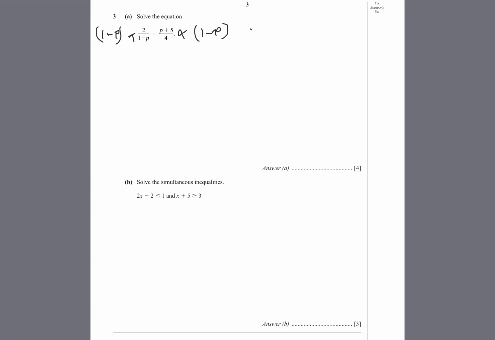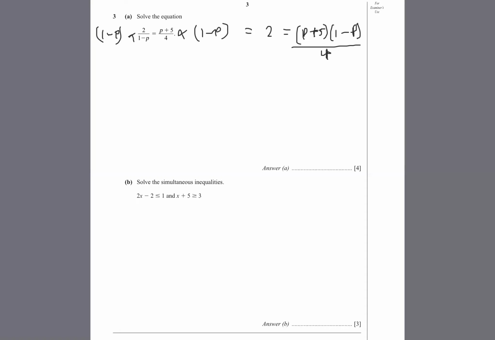Then after we do that, we get 2. The 1 minus p is removed from the denominator, we have p plus 5 into 1 minus p. My handwriting is not good. The 4 is still there.